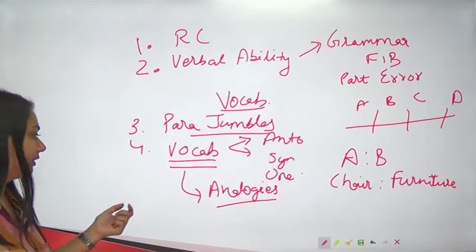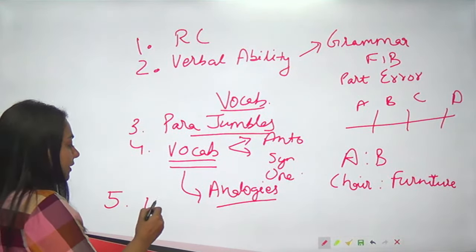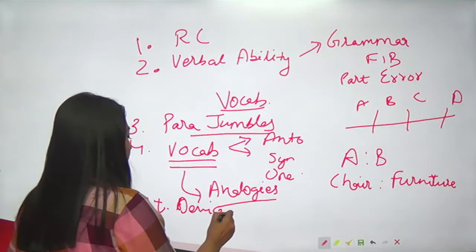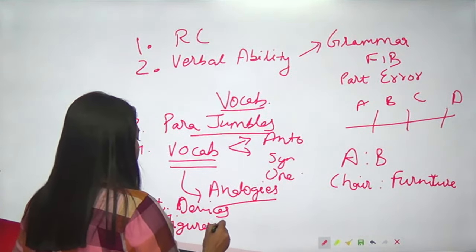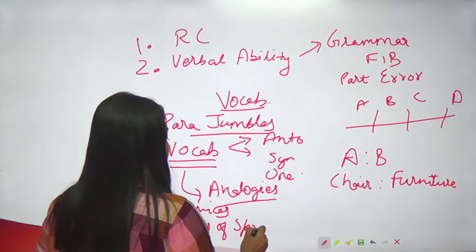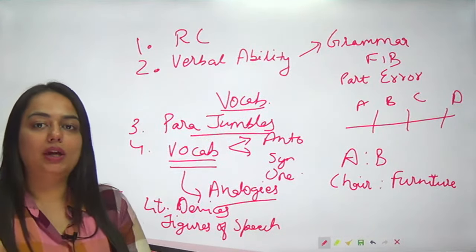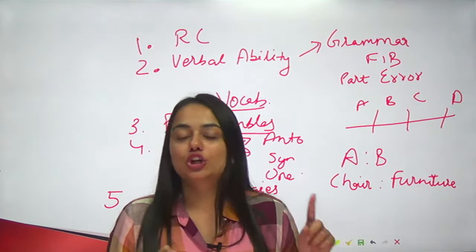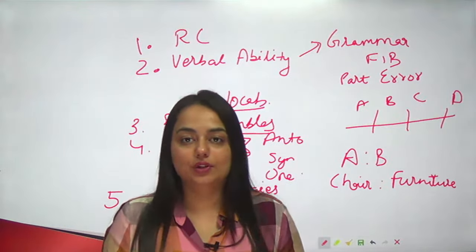And one final thing that you can see is your knowledge of literary devices, or figures of speech. All the questions based on your metaphor, simile, oxymoron, personification, hyperbole, all these come under the category of figures of speech.